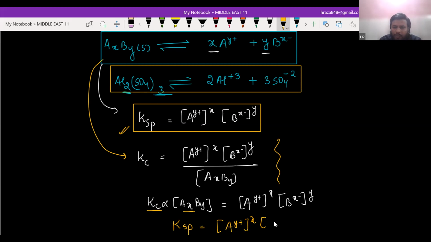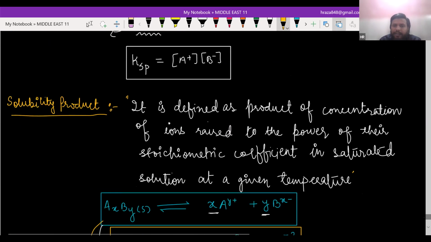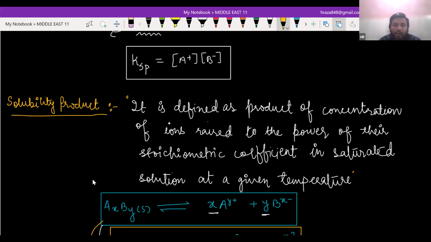So you just don't need to write all these steps. You just need to dissociate into ions and write only the product side and just write it as Ksp. That's why I define it. It is defined as the product of concentration of ions raised to the power of their stoichiometric coefficient in a saturated solution at a given temperature.